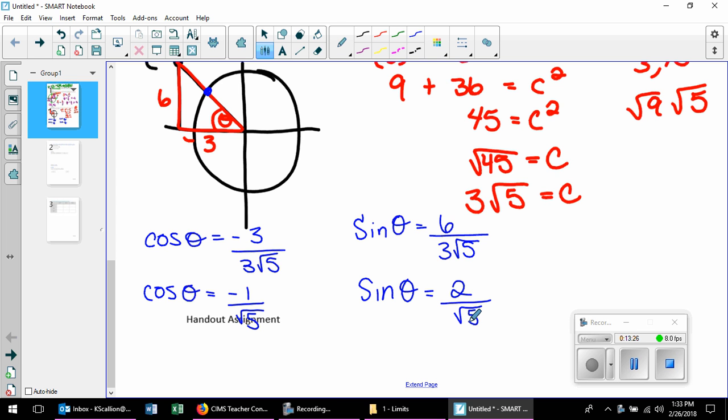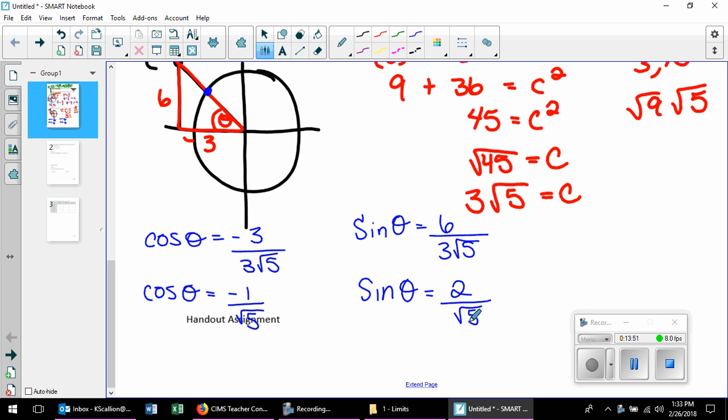All right, so you don't have to rationalize. I will not deduct marks for non-rationalized denominators, unless it specifically states to rationalize the denominator. You okay? Yeah. So this is way easier doing sine and cosine rather than similar figures. Okay, fair enough.